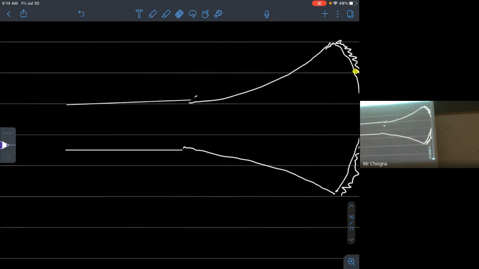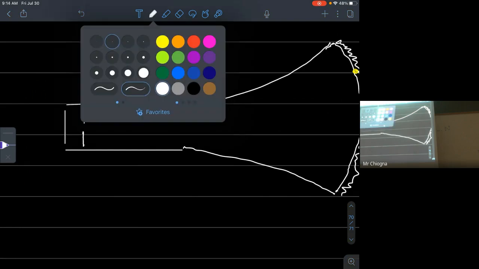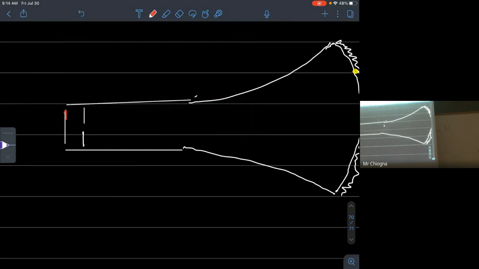Okay, so at the end here, where it starts, I'll start with that. The electrons would come off a charged plate, and they would accelerate through a potential difference. So these are plates. I'll put them actually in red. These are charged plates.